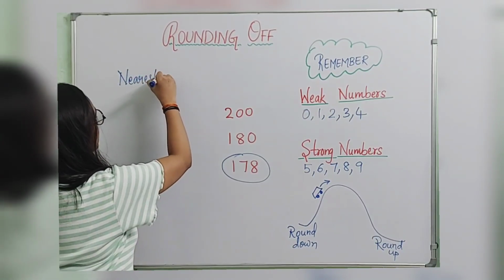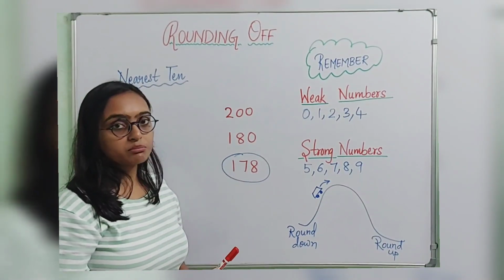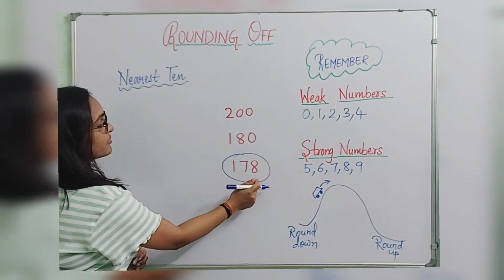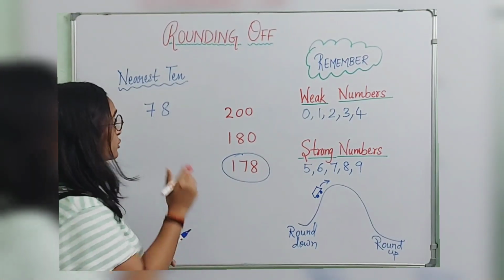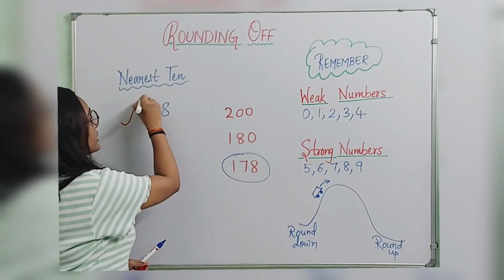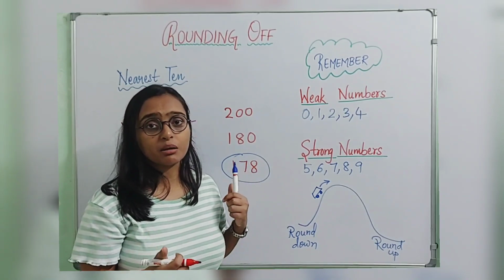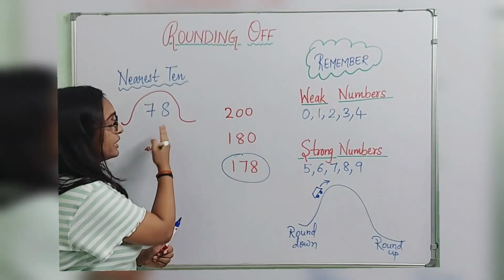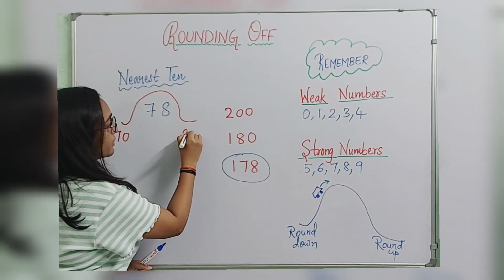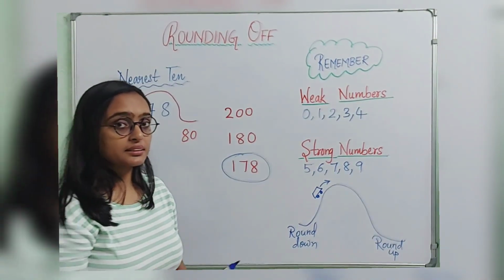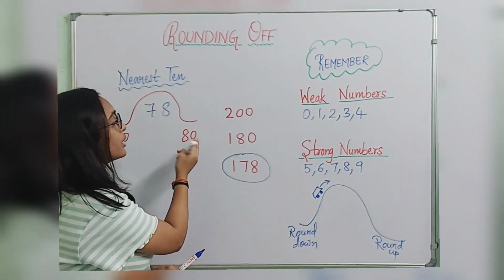Now to understand how we round numbers to the nearest tens, let's take an example. Say I am taking the number 78. I have to round this number to the nearest tens. First, I will find out between which two tens this number lies. 78 is between 70 and 80. So the number can either round down to 70 or round up to 80.